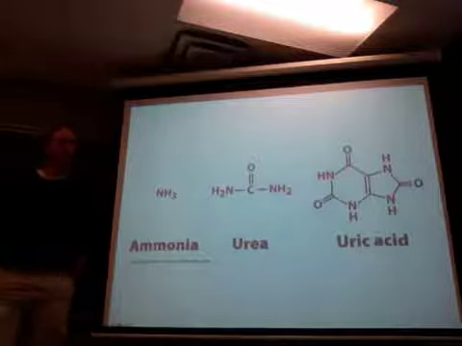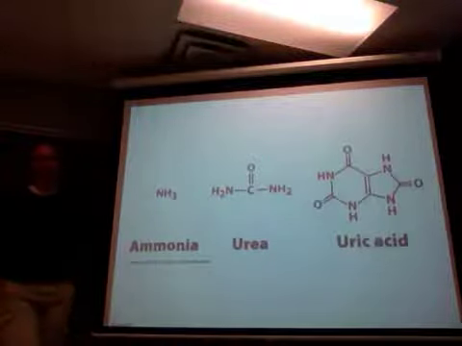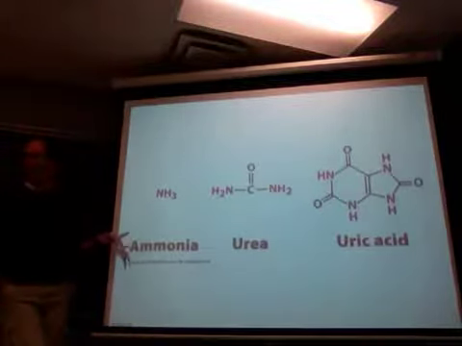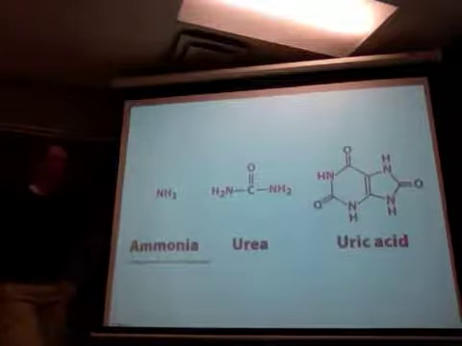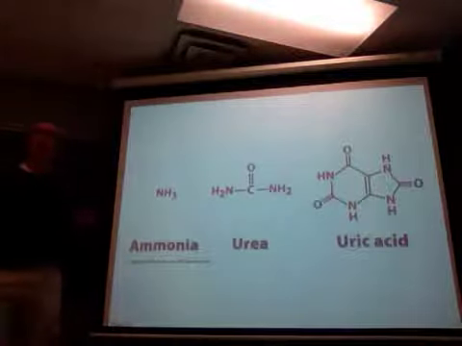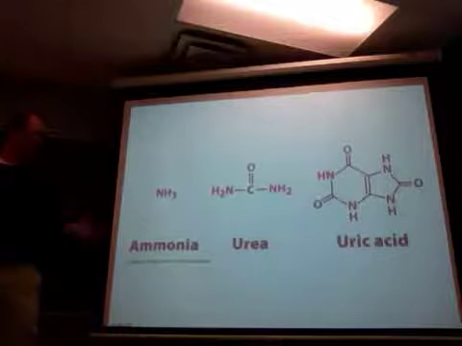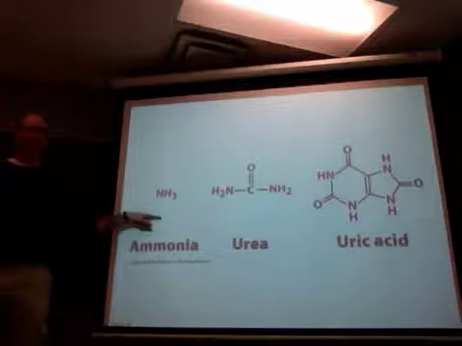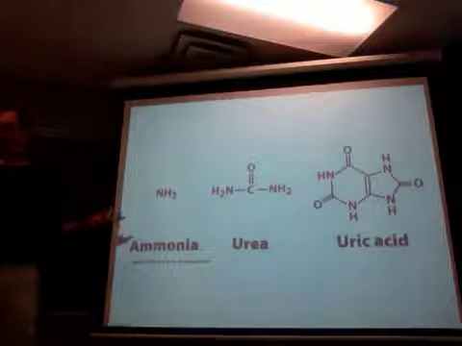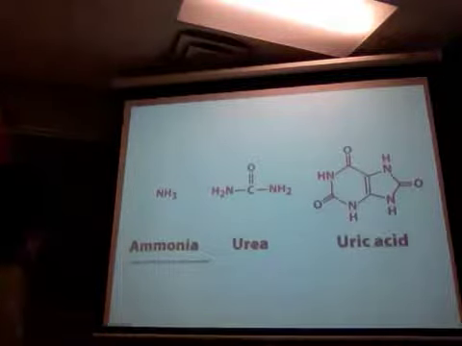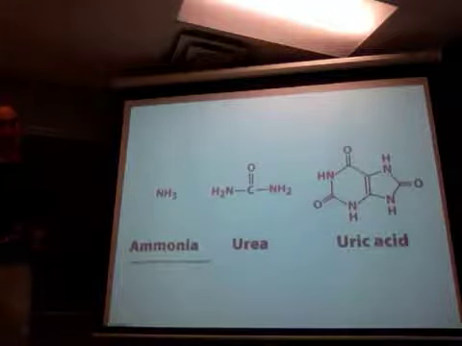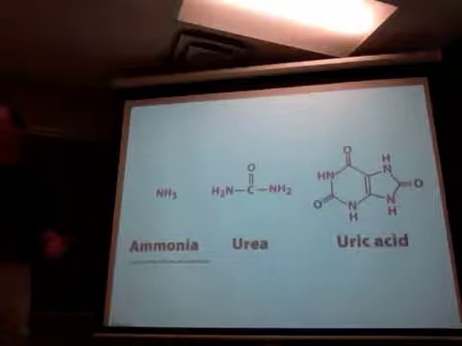But if you've got to live outside of water, where you can't dilute that ammonia in large volumes of water, which fish tend to live in, right? Then you've got to find some way of making the ammonia have less of an impact on the pH of the system, while putting it in a form that you can store, ultimately concentrate, and excrete using less water, right?